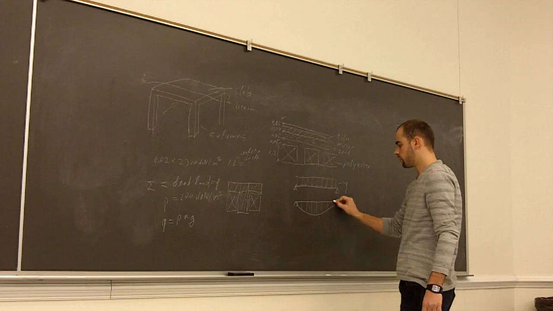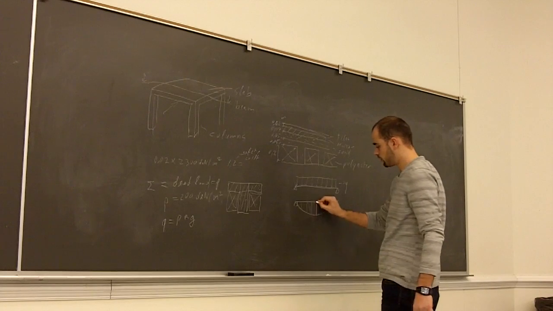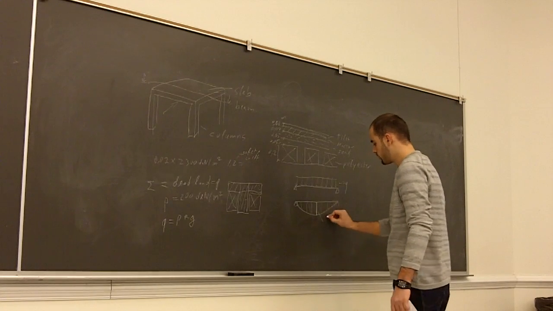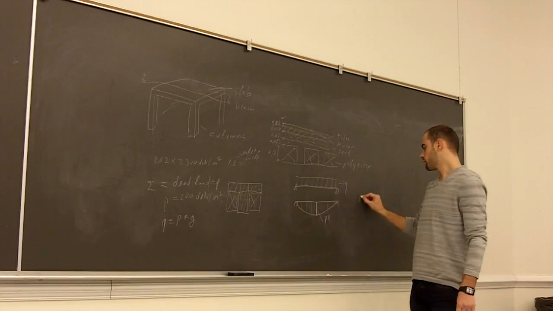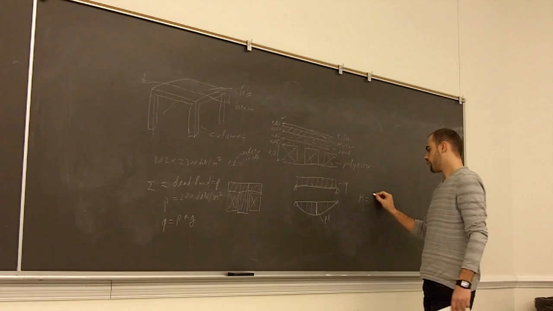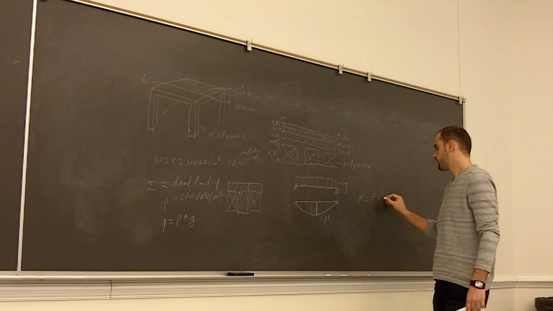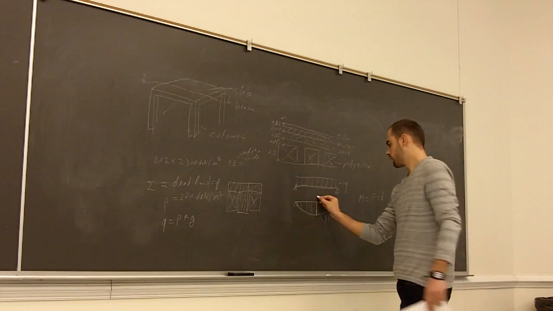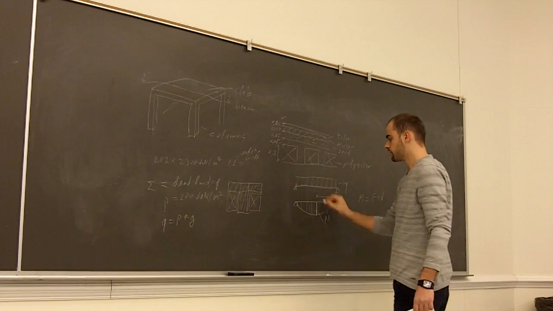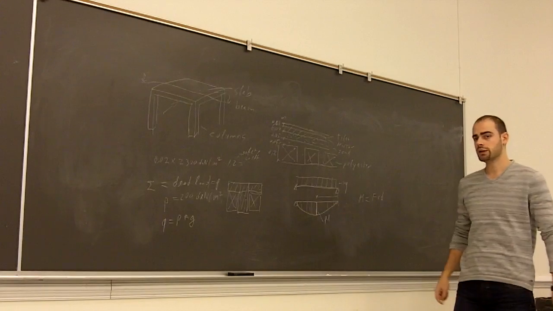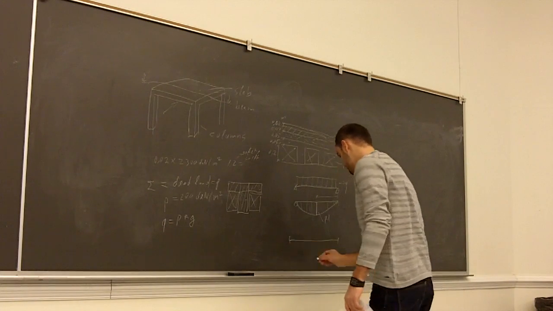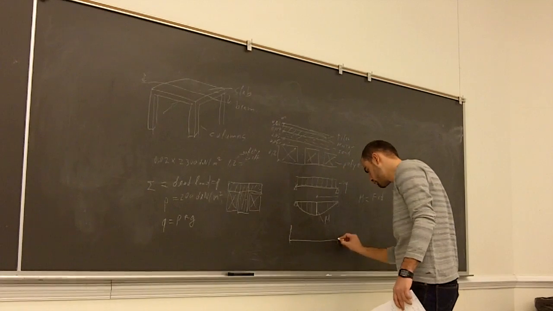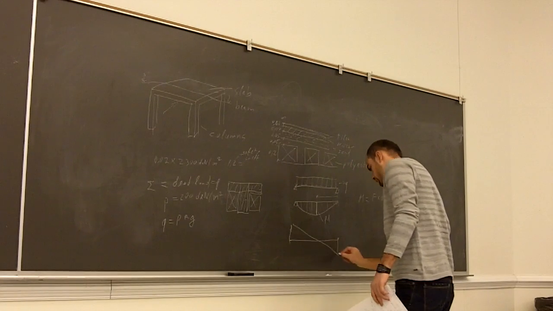This is the diagram of the moment, and we know that the maximum moment is in half space because the moment is a product of the force with the distance, and the maximum distance is in middle space here. The diagram of the force is this.